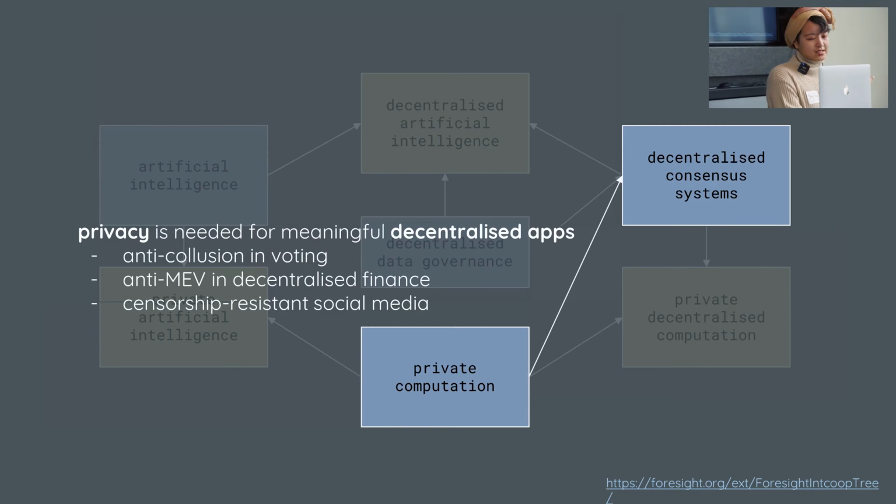And the last example is censorship-resistant social media. We need to be able to participate in social media in a truly anonymous or pseudonymous way, so that we are not penalized and censored based on aspects of our real-world identity. So this also became clear to me in the process of building this tree.